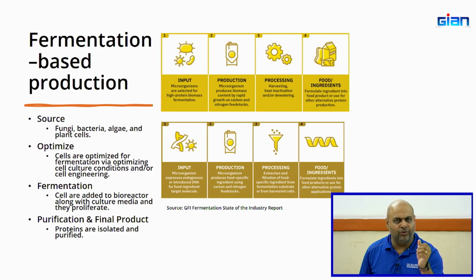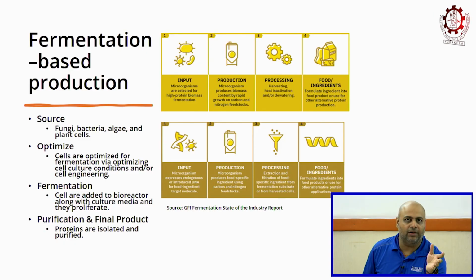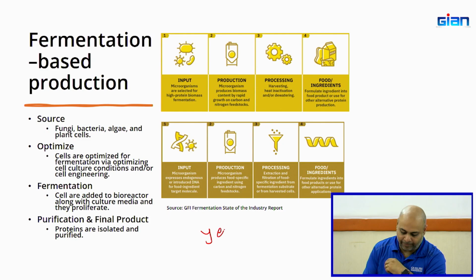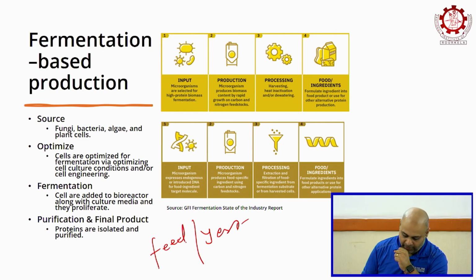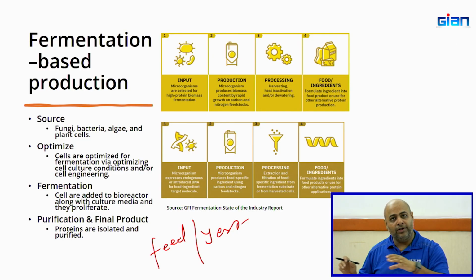Now, the question for you would be: if you know that yeast will grow if I give a specific feedstock to it, and I'm giving you the yeast and the feed for it, will you take this and put it in the fermenter directly, or will you start it at a lower scale, like in a lab first? What will be the process?